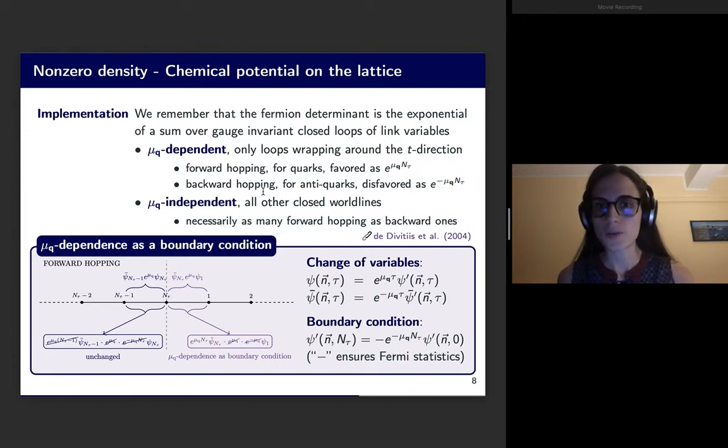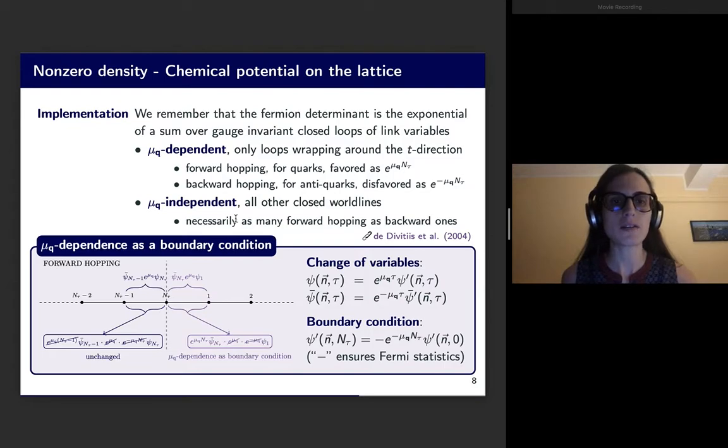All other closed world lines are going to be mu_q independent necessarily, because they will include as many forward hoppings in time as backward ones. So this is one thing we need to keep in mind.